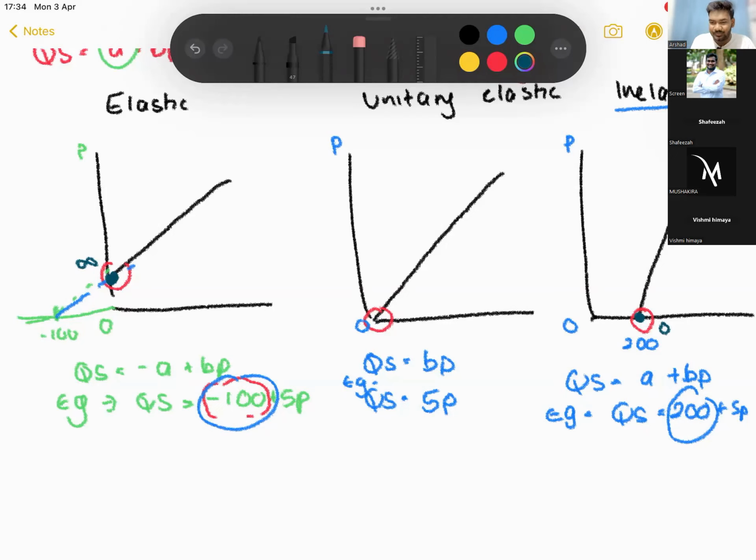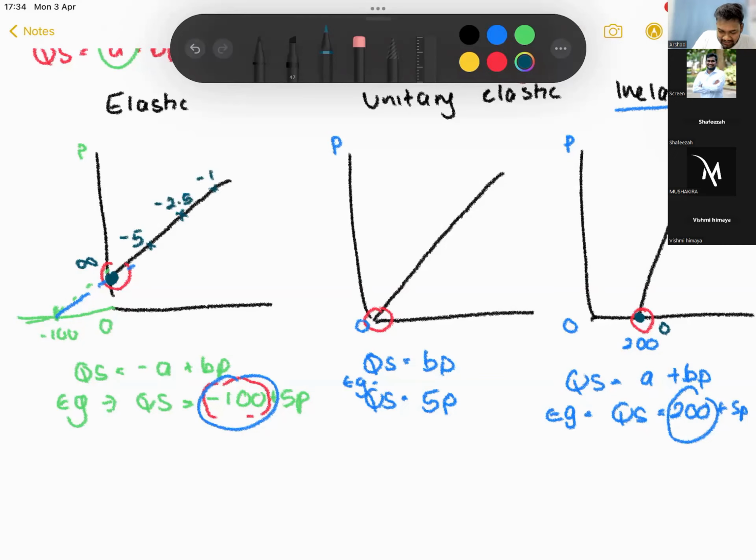It can't. No. So in an elastic supply curve, let's take different points. You know what the PES values will be? PES elastic will be more than 1, but less than infinity. So for example, here PES can be 5. At this point, let's say 2.5.